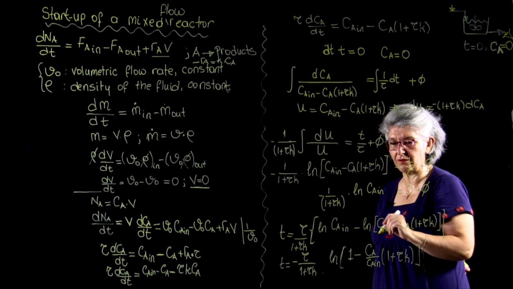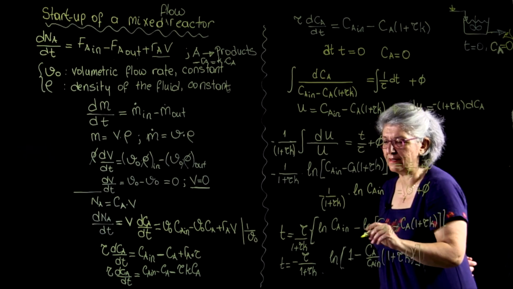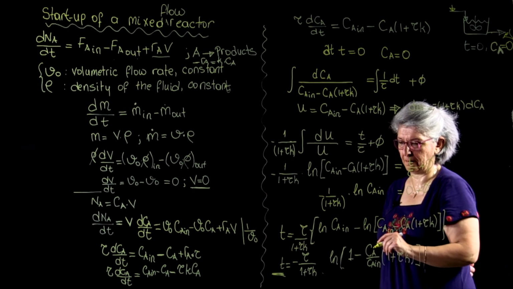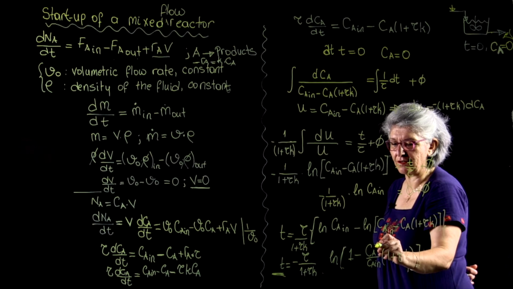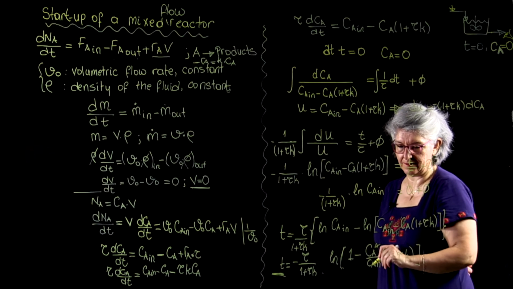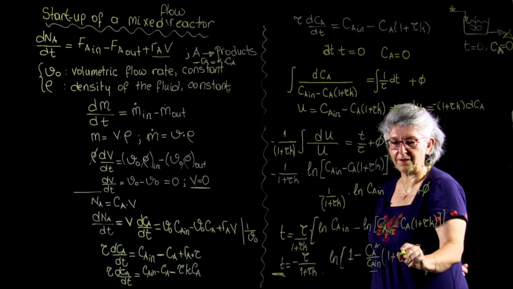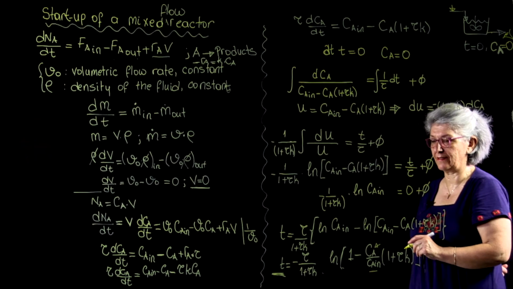Now we have an equation that allows us to calculate how much time it takes in order to have a concentration of Ca, if our Ca in is this, if our space-time is that, if our rate constant is that.